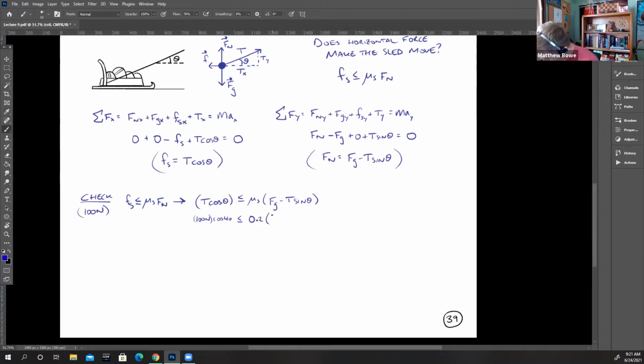So that's just the mass of the sled, 50 kilograms times 9.8 meters per second squared minus 100 newtons times sine of 40.